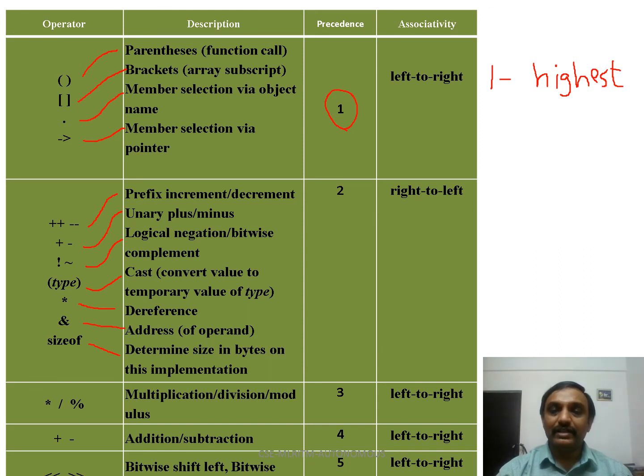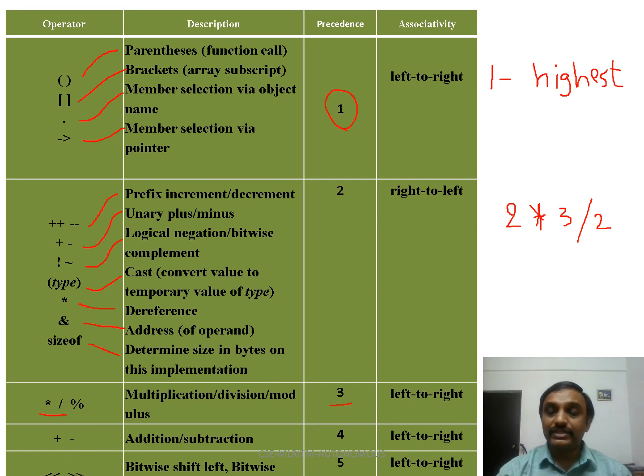Okay, and the last column we observe, that is associativity. For example, in one expression, if both multiplication and division are present, which is to be evaluated first? For example, this is the expression 2 multiplied by 3 divided by 2. Now which is to be evaluated first, either multiplication or division? Here in the table you observe both multiplication and division have the same precedence.